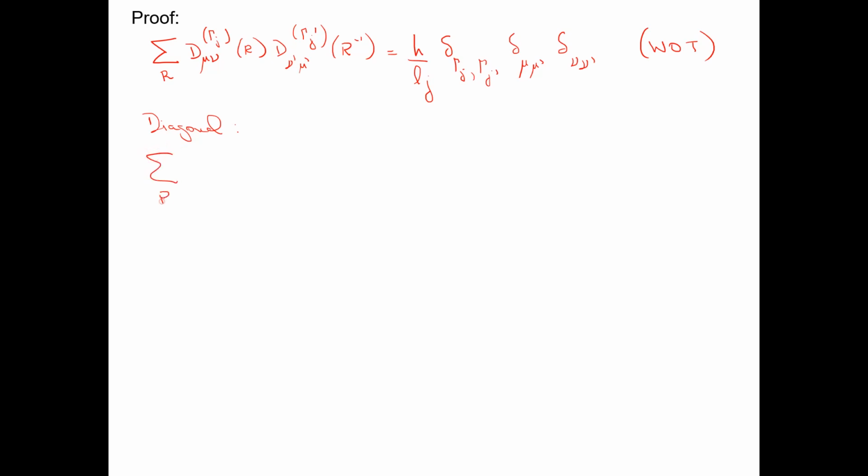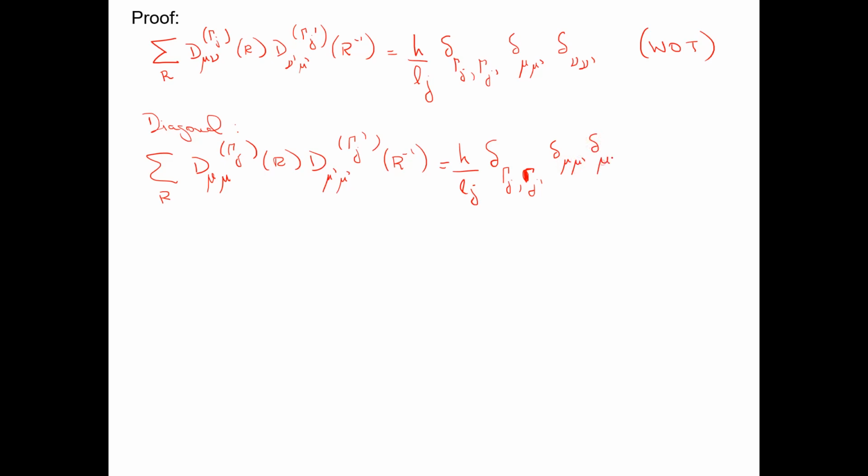So you have a sum over R of D mu mu gamma j of R, D mu prime mu prime gamma j prime of R minus 1, and this should be equal to H over Lj delta gamma j gamma j prime, delta mu mu prime, and this is also delta mu mu prime, because I took nu to be equal to mu, and nu prime to be equal to mu prime.